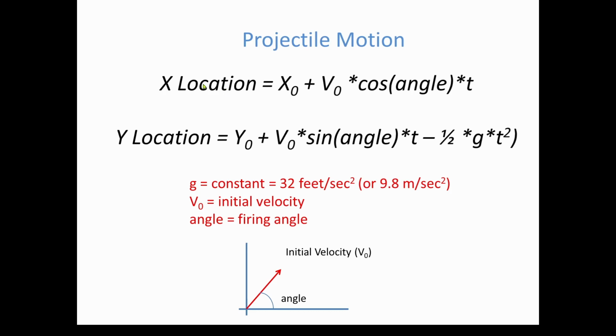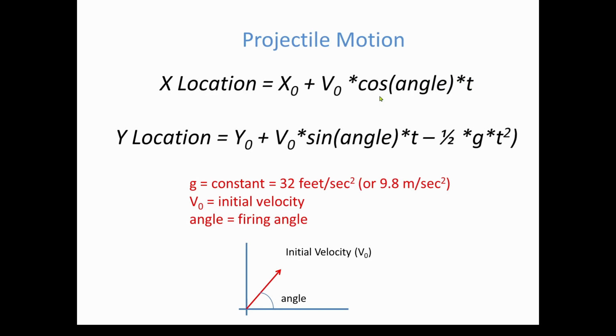So, for example, my x location is the initial x location, or x0, which is this point down here, which is 0, 0, plus the initial velocity, which is the speed coming out of the cannon, times the cosine of whatever angle we fired it at, times the time.